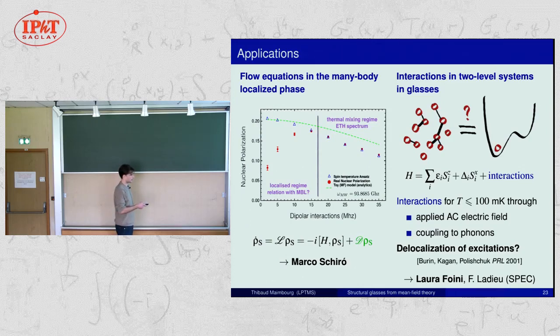So there has been a proposal of a sort of Anderson delocalization of the excitations of the two-level systems. I think that with the techniques we know now, it would be nice to revisit this. I'm thinking of maybe tackling this with, for example, Laura Foini, but there is also, in the next building, François Ladieu, who is an expert on these kinds of things.